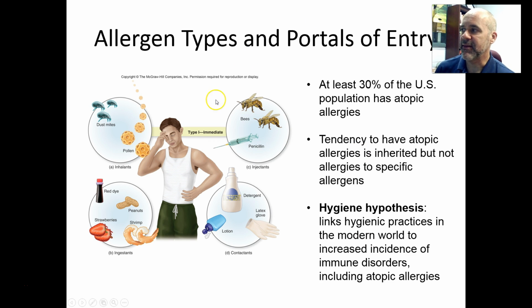The hygiene hypothesis that's been around for at least 20 years says that maybe with all these hygienic practices we're screwing up our normal microbiota population. And maybe we're eliminating some species that actually need to be there.